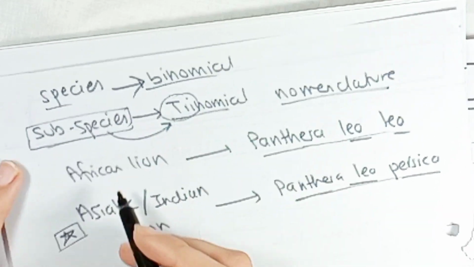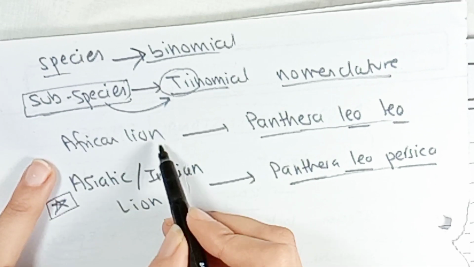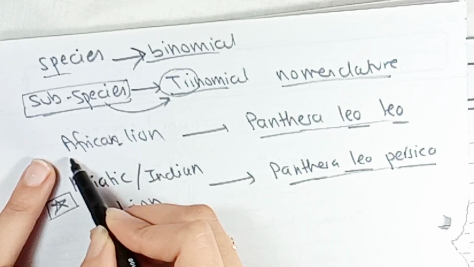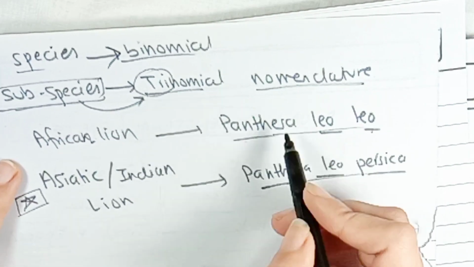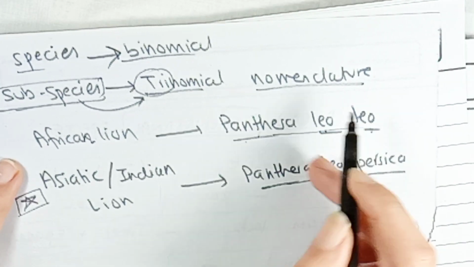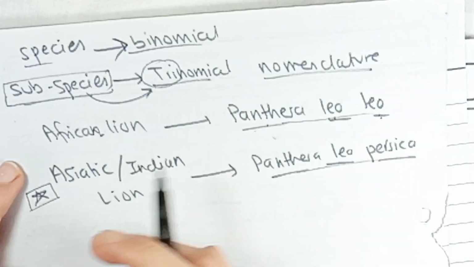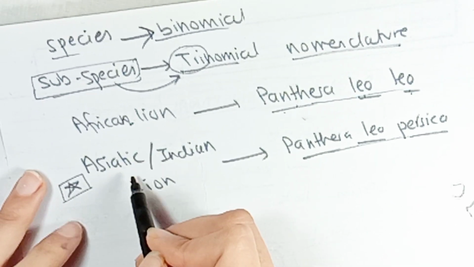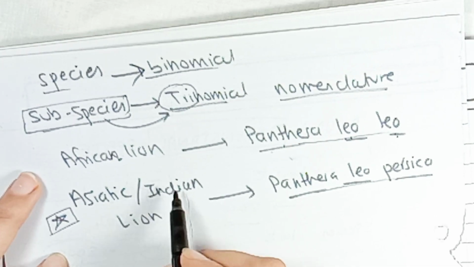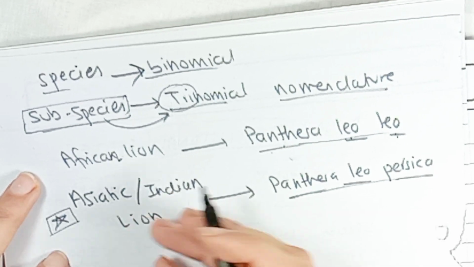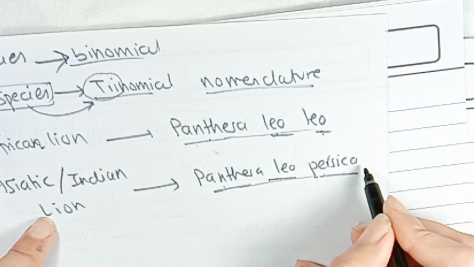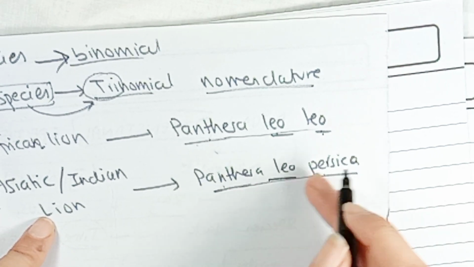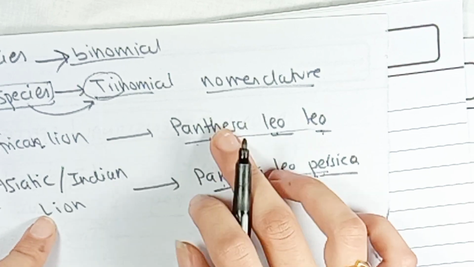For example, we have the African lion, whose name is Panthera leo leo. There are three names: genus, species, subspecies, trinomial. And there is another lion which is known as the Asiatic or Indian lion. This Asiatic lion is named Panthera leo persica. So this is the trinomial nomenclature.